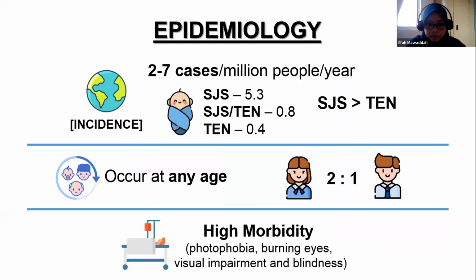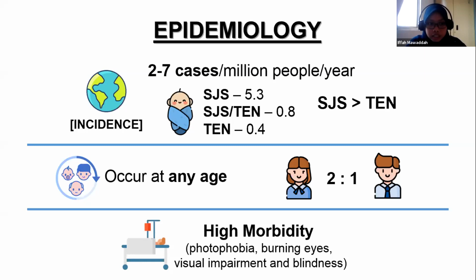Right. Next. For the epidemiology, SJS is considered a rare disease, so there have not been many well-done epidemiological studies to determine the exact prevalence and incidence of this condition. But globally, the incidence of SJS is estimated to range from 2 to 7 cases per million people per year.